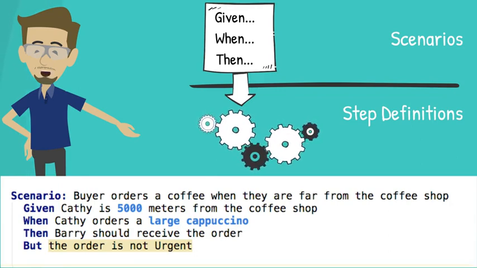Using but isn't very common, but readability is king, and if you find that but makes your scenario more readable, then that's fine. You really want to use whatever combination of given, when, then, and but that reads best.